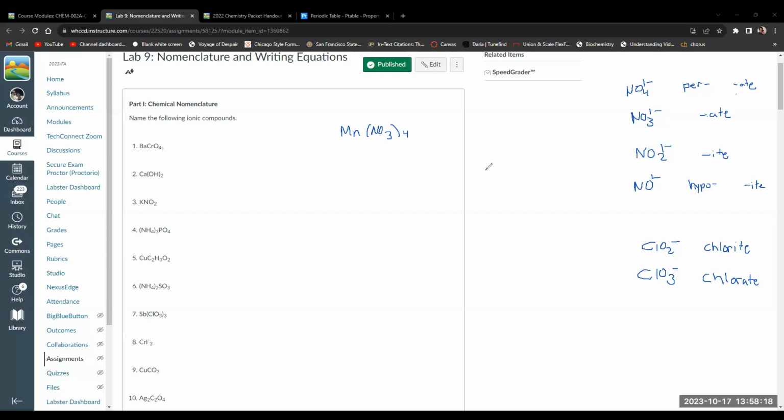So let's see what we have here. Mn is manganese, and we know manganese is a transitional metal, so Roman numeral, and nitrate.